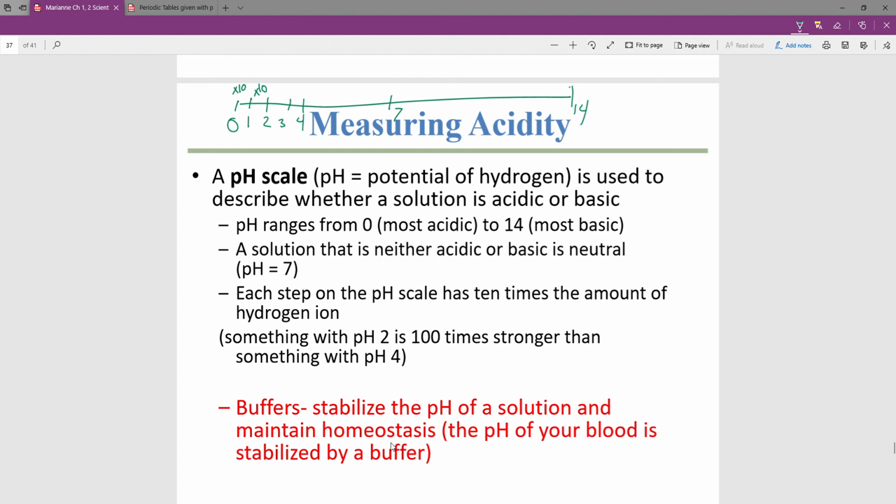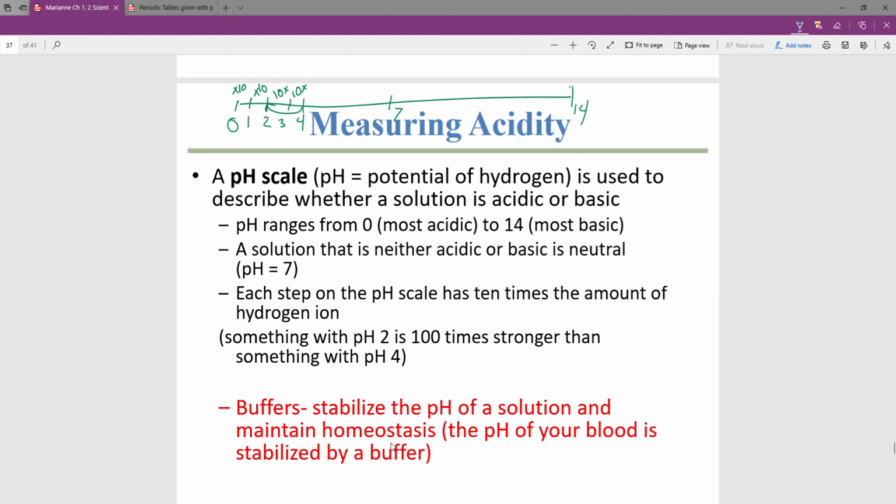If we were to move from 4 to 2, this is 10 times, and this is 10 times. So it's 100 times more hydrogen ion concentration. It's 100 times stronger, moving 2 points down the pH scale. That's what we mean by a logarithmic scale. They're all different by a power of 10, every point along the scale.